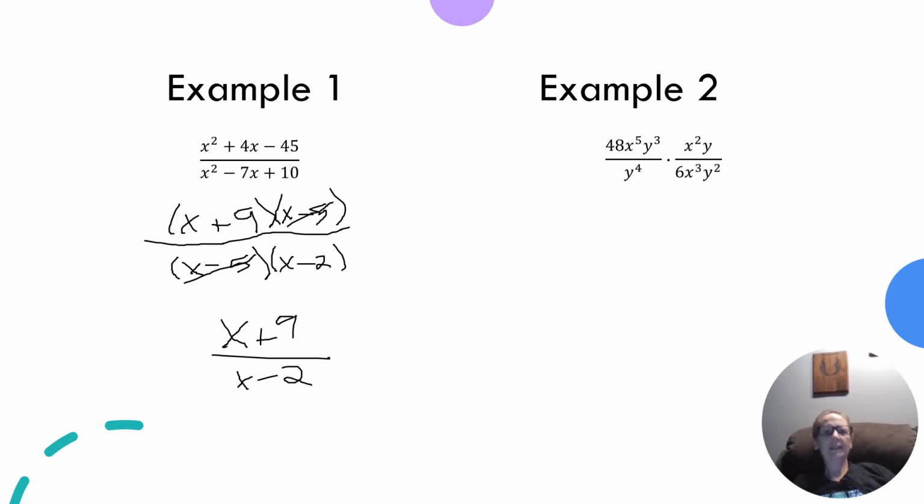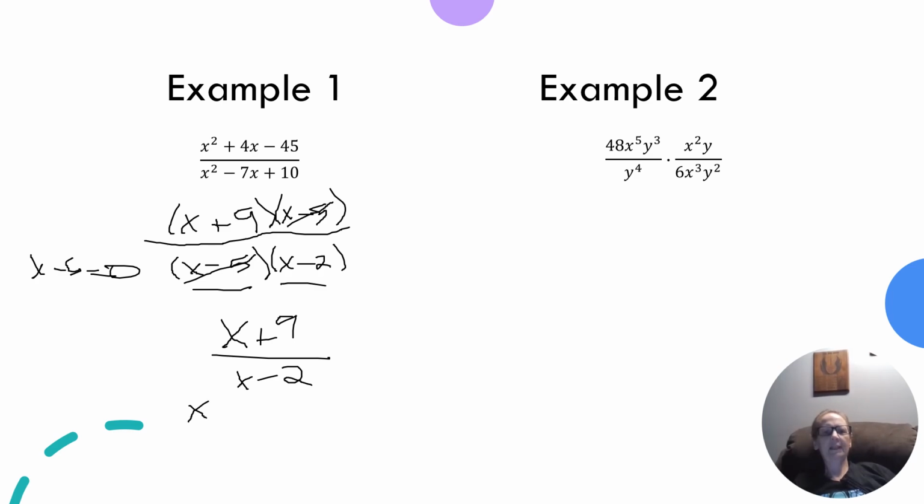So my last step is that I have to write the excluded values. That's going to be what makes these two expressions equal to 0. If you want, you can write them off to the side, set them equal to 0, and solve for x. Or you can just remember it's going to be like the opposite of what's here, just like we kind of did the last time when we were looking for asymptotes. We're looking for what makes it 0.